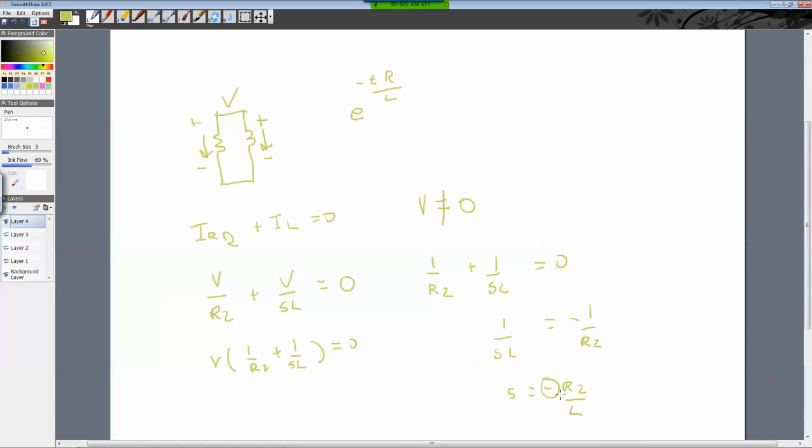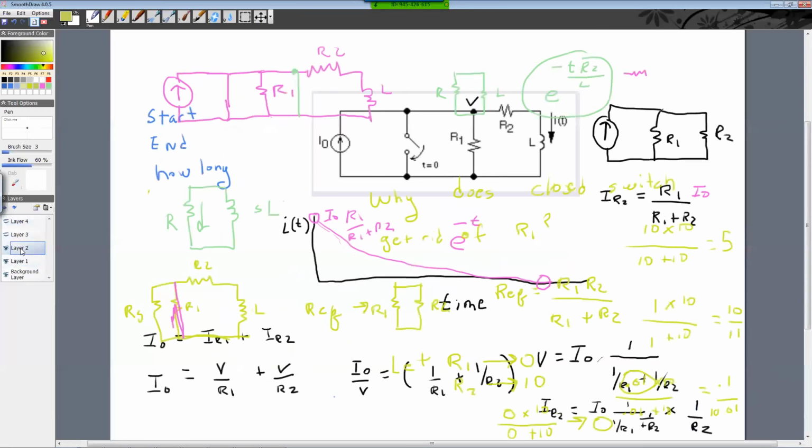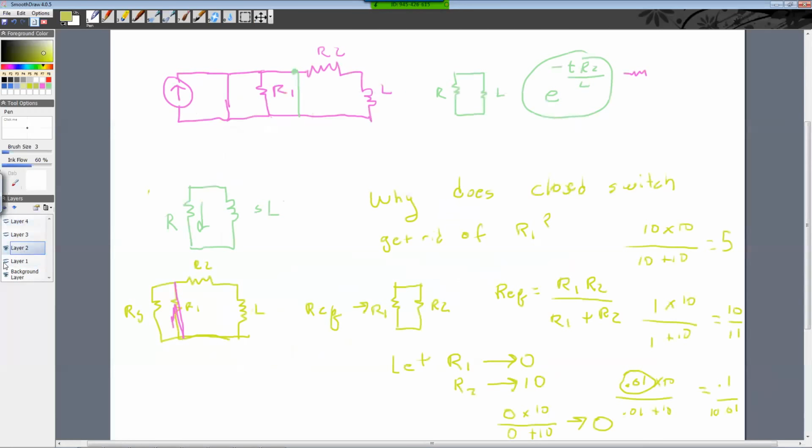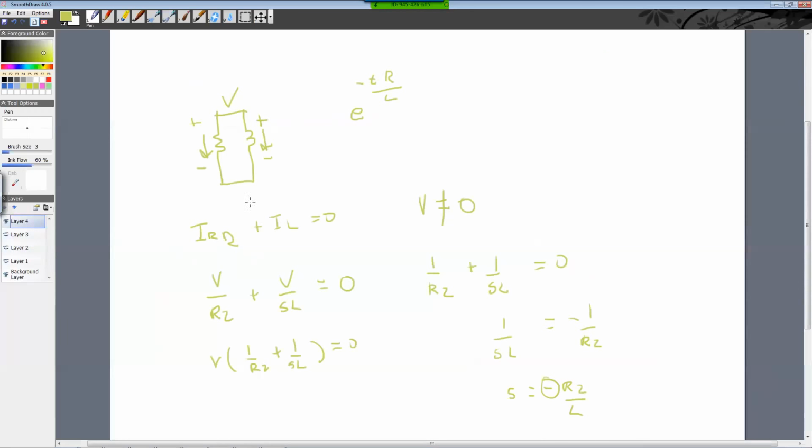Now, why do we get that minus sign? We get that minus sign because really it's kind of like e to the st. And yeah, I know the Laplace transform has a real number plus an imaginary number, but sometimes they use an s here, right?